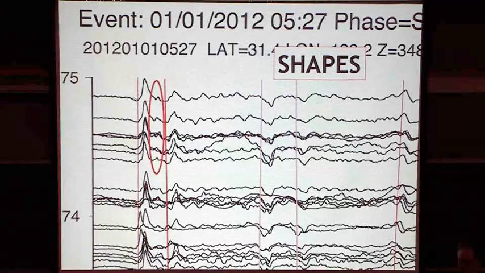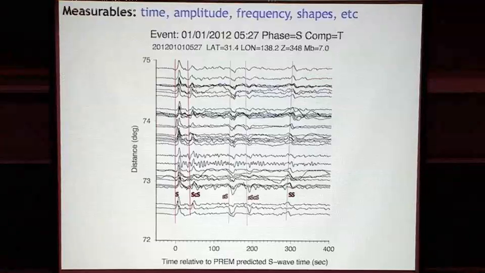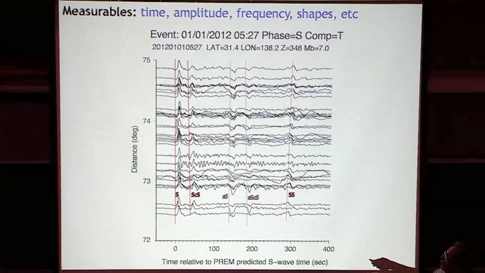And there are people in this room who've studied that. This is just 2 degrees of data of this earthquake, of which I showed you 900 something seismograms, and we have hundreds of earthquakes. So the Earth is rich in information. Nobody said anything about, well, what's all this other stuff between these lines? I mean, the Earth is making interesting energy.